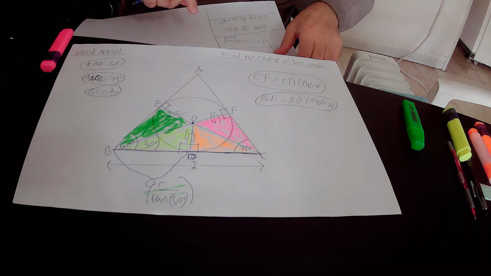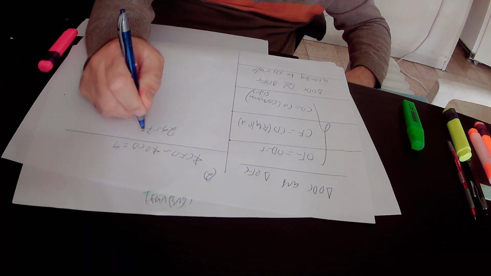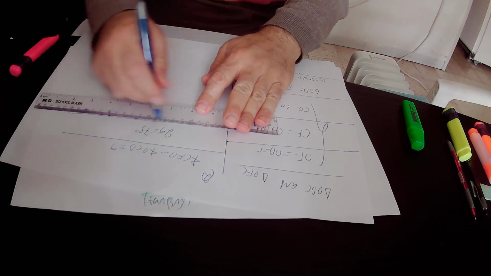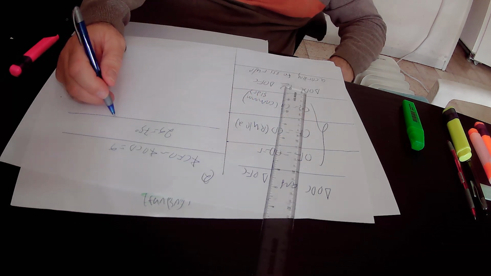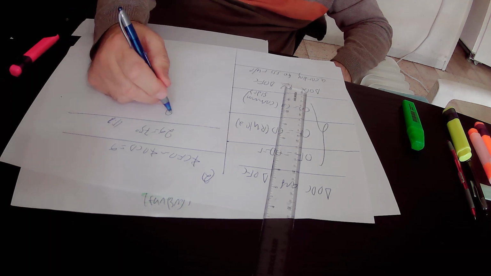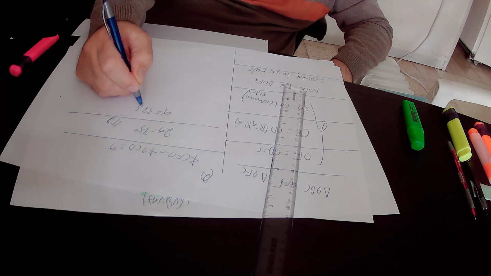So 2 alpha equals 75 degrees. Here we divide the equation by 2, and finally we get that angle alpha equals 75 over 2, which is 37.5 degrees.